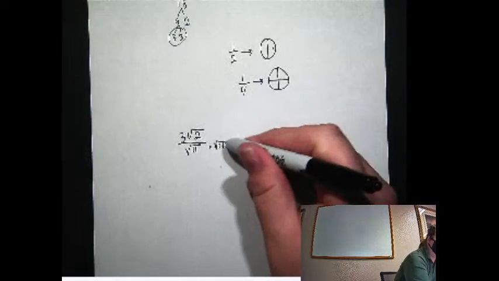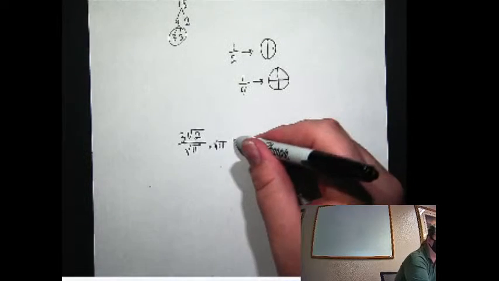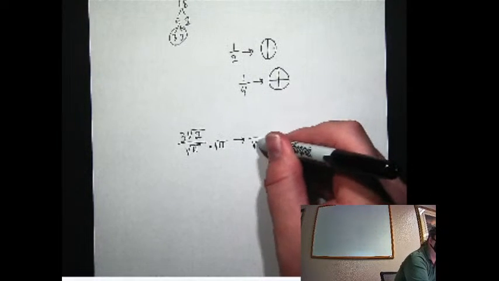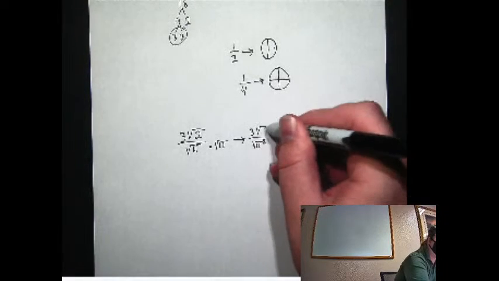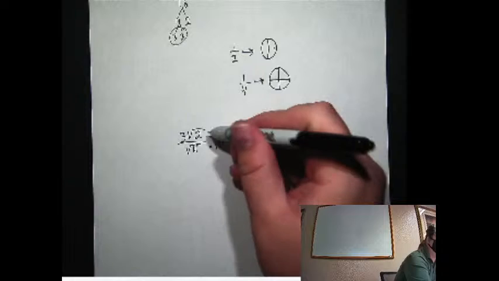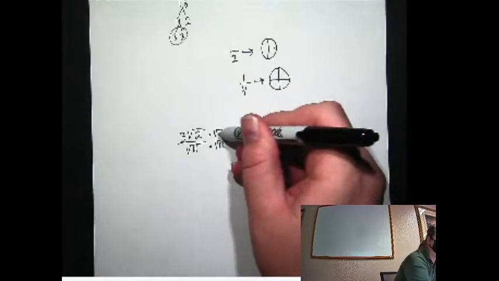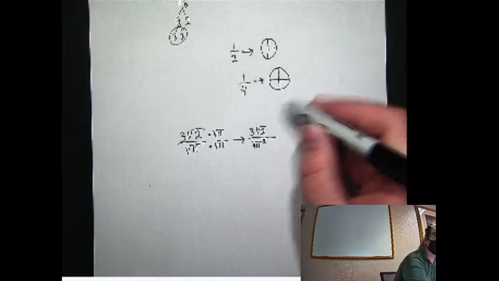Really what we have here with square root of 11 times square root of 11 is square root of 11 squared. Now remember, whatever we do to the bottom, we need to do to the top as well. So the top also gets square root of 11 multiplied to it.